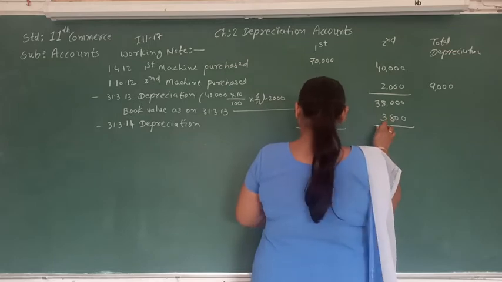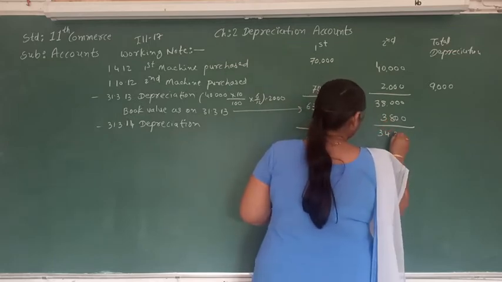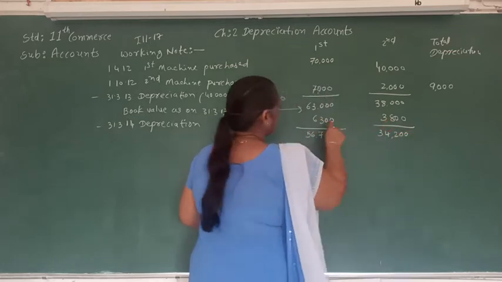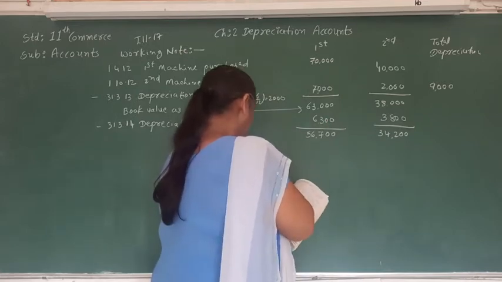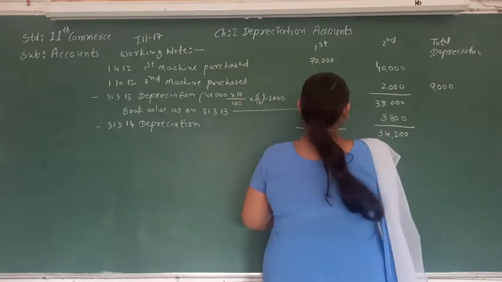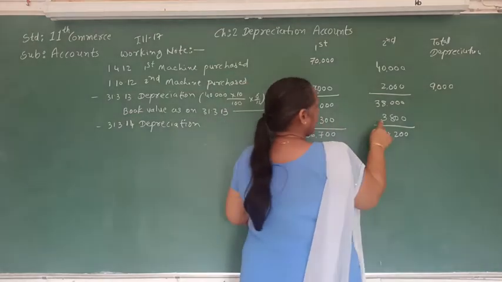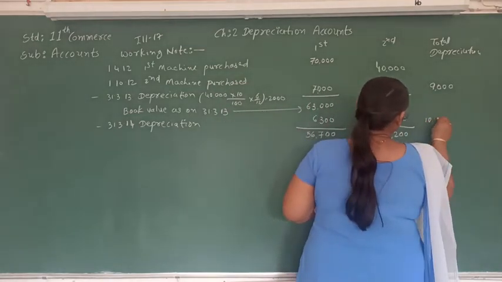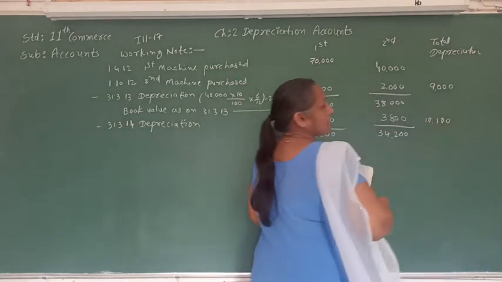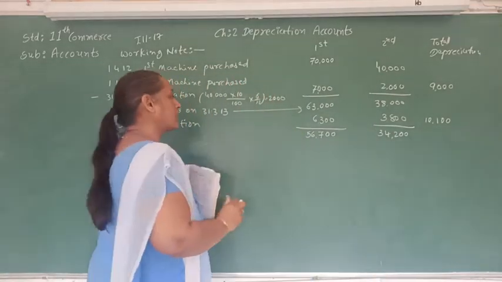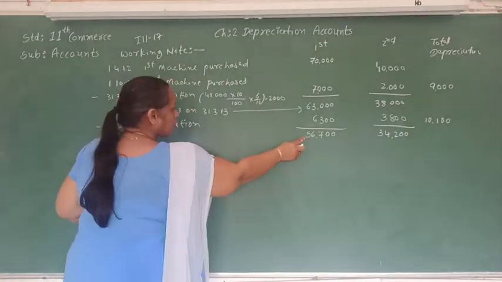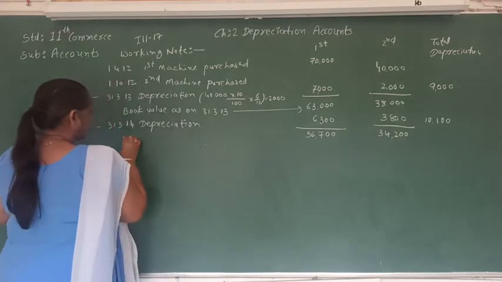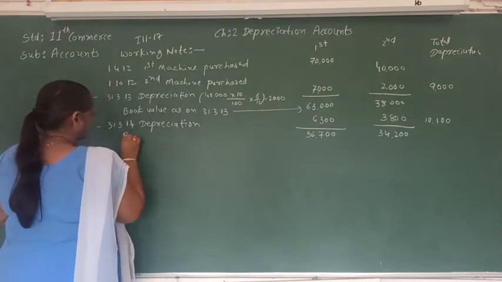From 38,000, deducting 3,800, it is 34,200. So this is the book value. Now let's calculate the total depreciation: 6,300 and 3,800, that is 10,100. So this is the total depreciation for the second year, and this is the book value as on 31st/3/14.